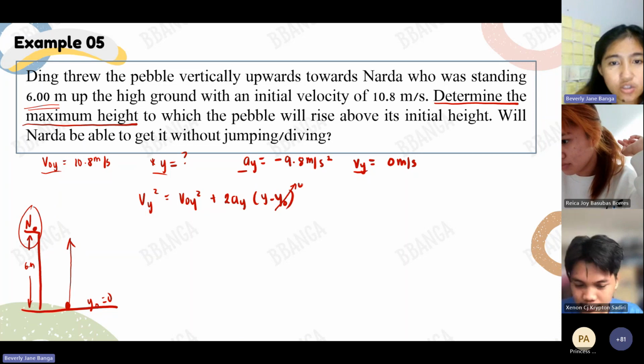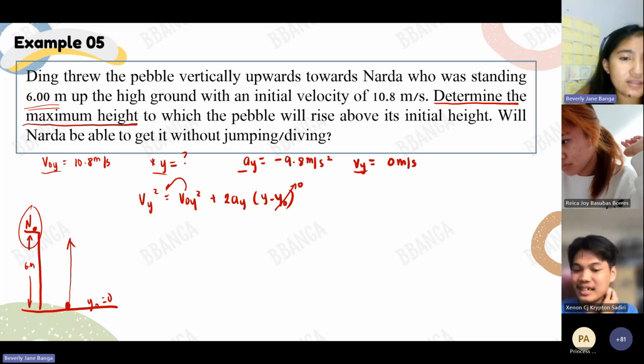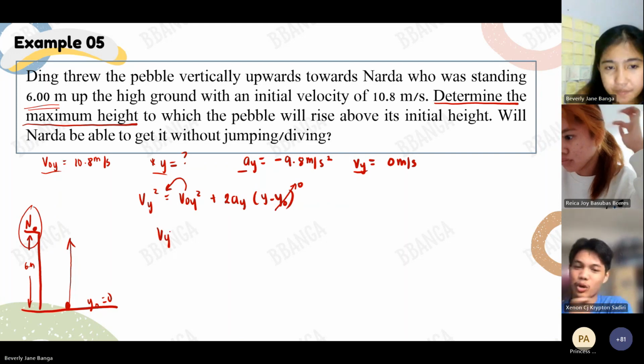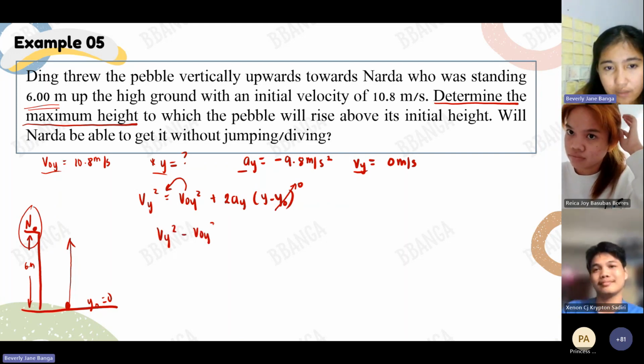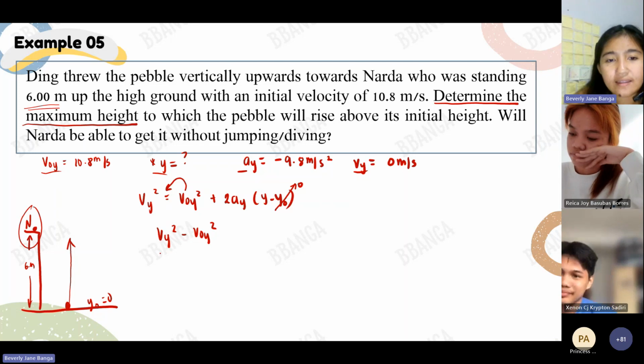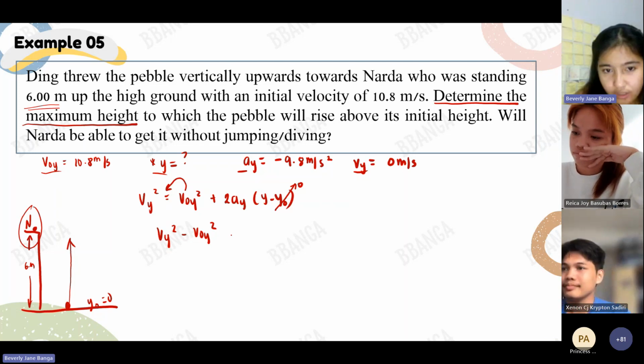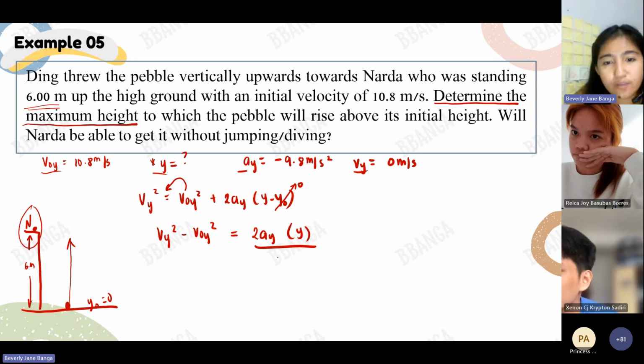Yung y naught natin is automatically 0. So, ang gagawin natin, ilipat lang ulit natin si Voy sa kabila. So, you have Vy squared minus Voy squared. And then, sige, not shortcut. So, 2ay times y, we divide both sides by 2ay.